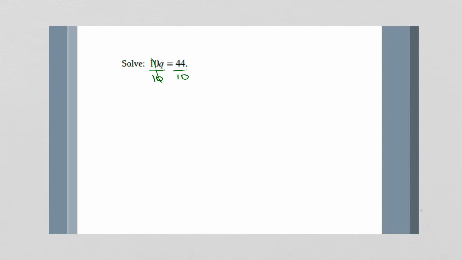10 divided by 10 creates 1. That's what you want. You want a 1q or just a q. And you get 44 over 10. Now, that's not a good answer either. I want it to be in reduced terms. So you could give me 22 over 5. That's a great answer. You could give me 4 2/5, also a great answer.